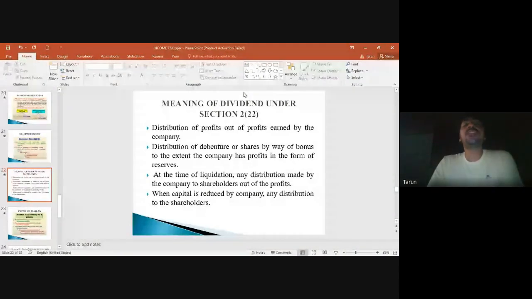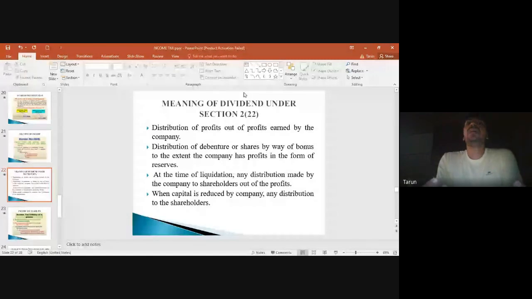If any debenture, which is a type of product of the company, or shares, hope you have learned these two terms under financial accounting or in your high school, if any company distributes debentures or shares by way of bonus, you will get a bonus on the occasion of any festival in the form of shares or debentures, it's dividend.